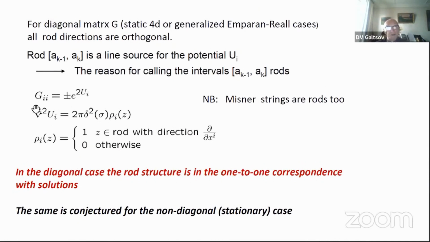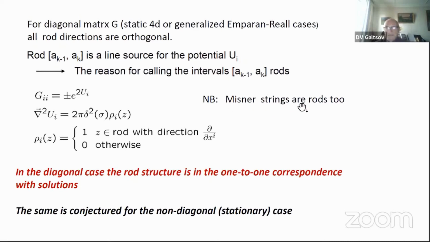Now you can show that if you parameterize the diagonal matrix element like that, on the axis, you will generically get a delta function singularity. Which defects can be described that way?